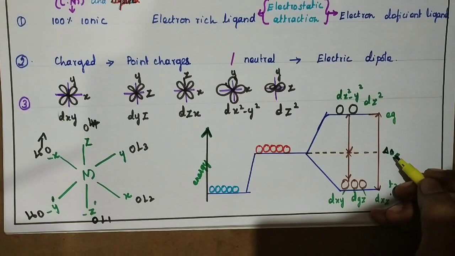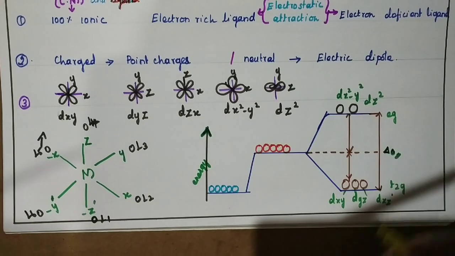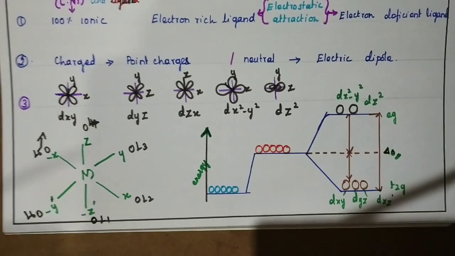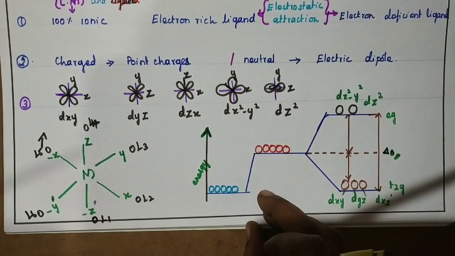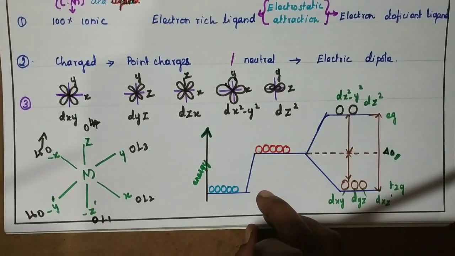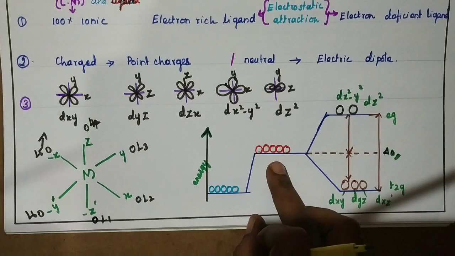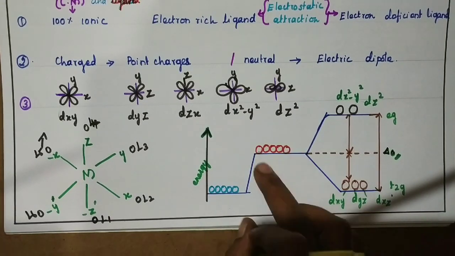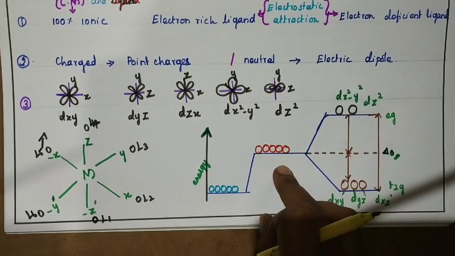During the crystal field splitting in an octahedral field, the average energy of the orbitals is maintained. This is the barycenter.